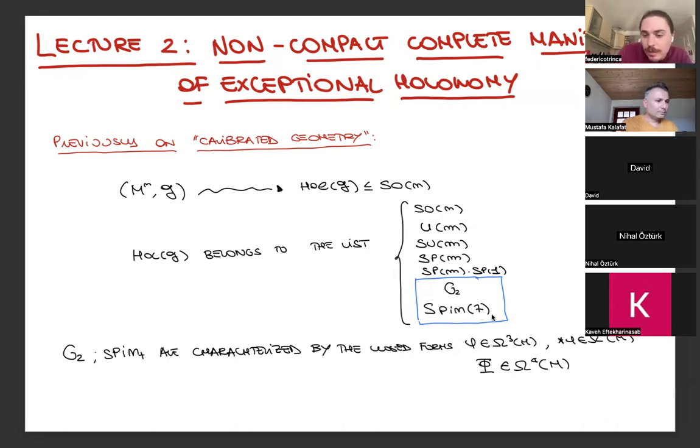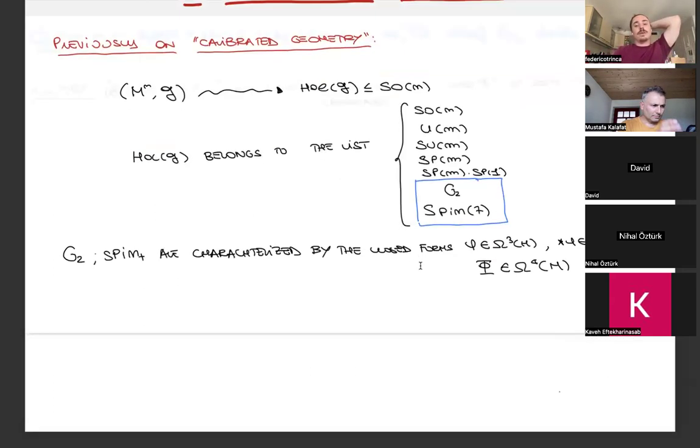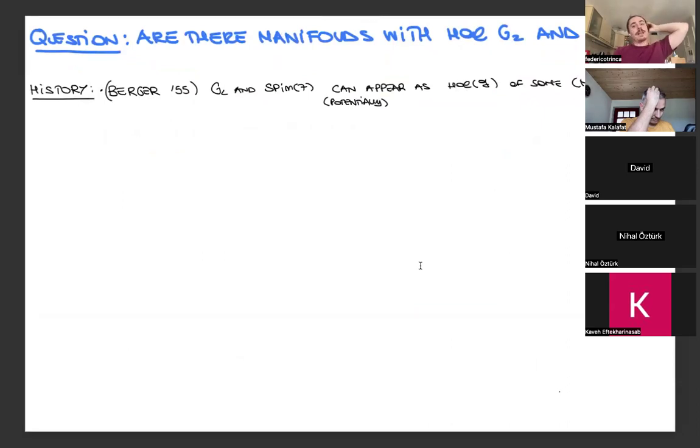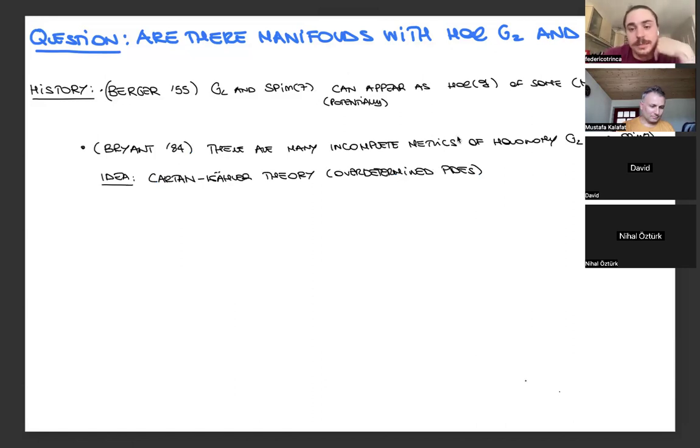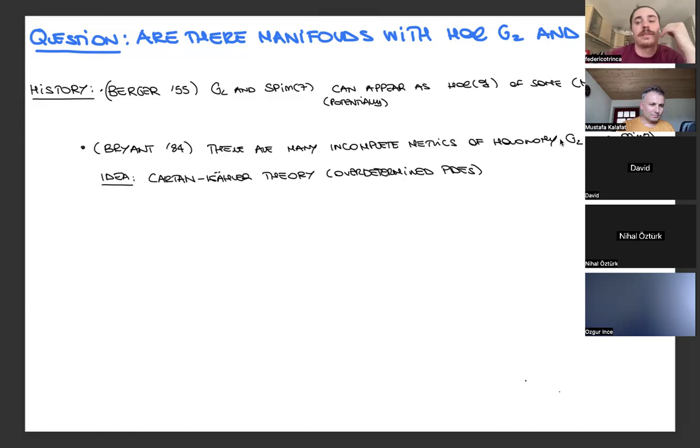We didn't know until very recently whether or not there are manifolds with holonomy G2 and Spin(7). As I mentioned, Berger said that G2 and Spin(7) can appear as holonomy of some Riemannian manifold, but only due to the work of Robert Bryant in 1984 did we find the first incomplete metrics with holonomy G2 and Spin(7).